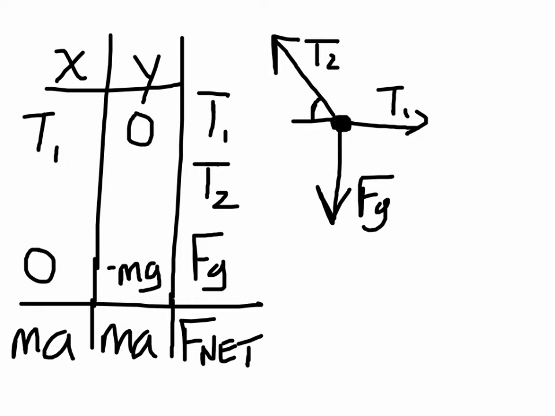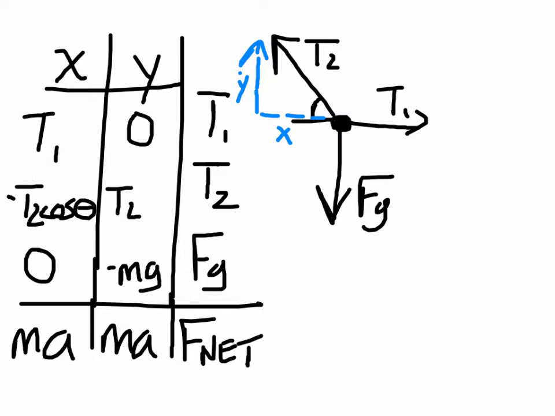T2 is at an angle. So what we want to do, like we said before, is break this into its components. Get the two pieces here, the Y component and the X component, and put those into your chart. Tx becomes negative T2 cosine, and Ty becomes T2 sine.